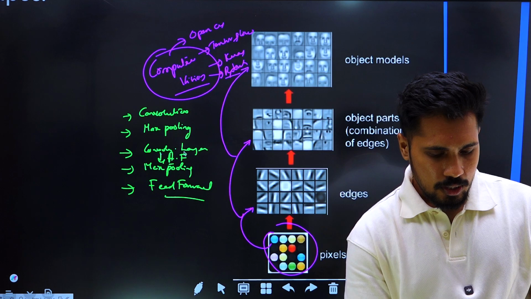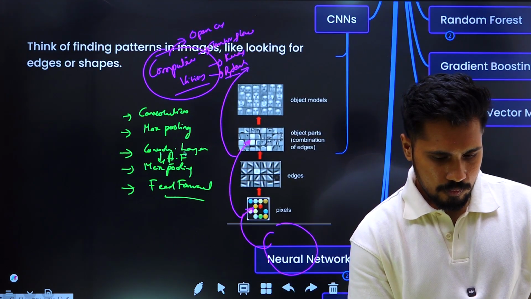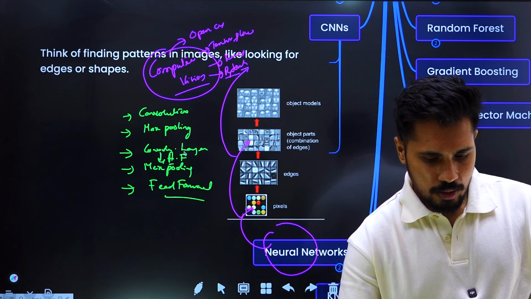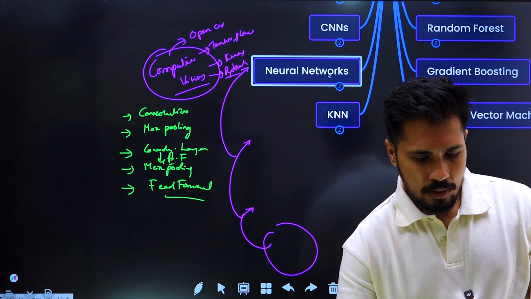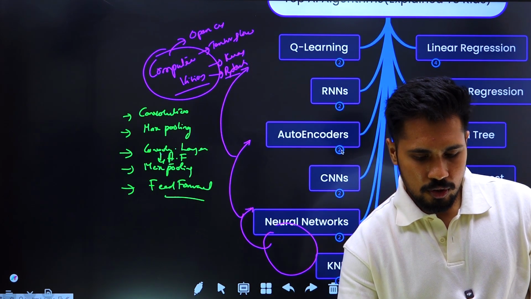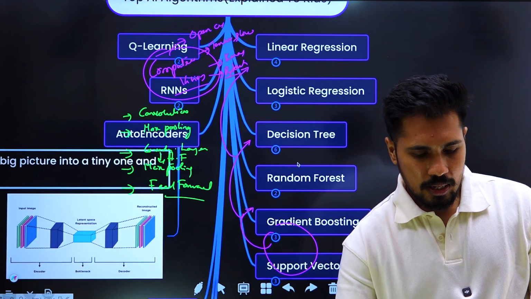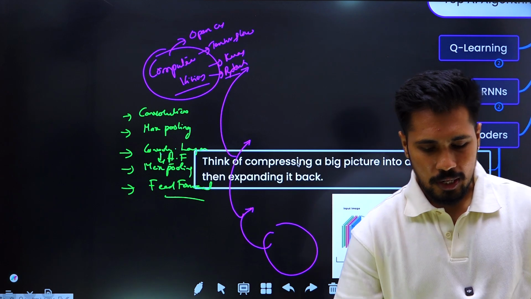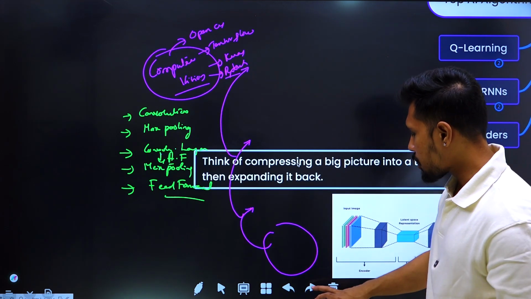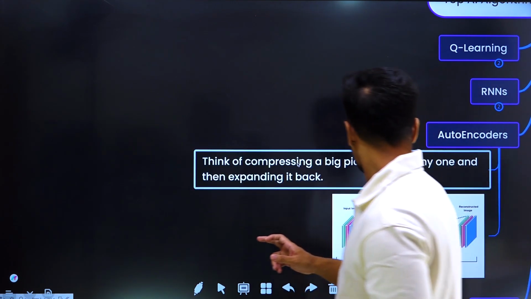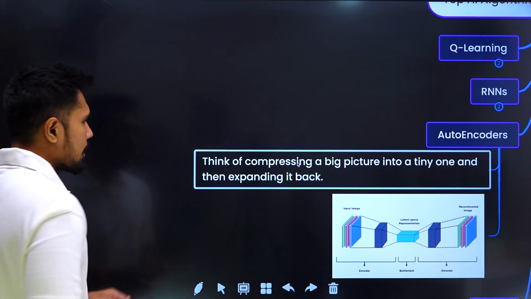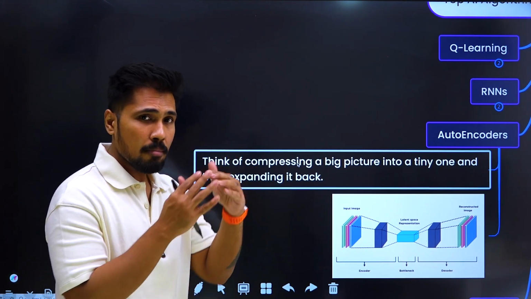And now let's get into another algorithm, which is called autoencoders. Autoencoders are a bit of an introduction to your Gen AI. Why?